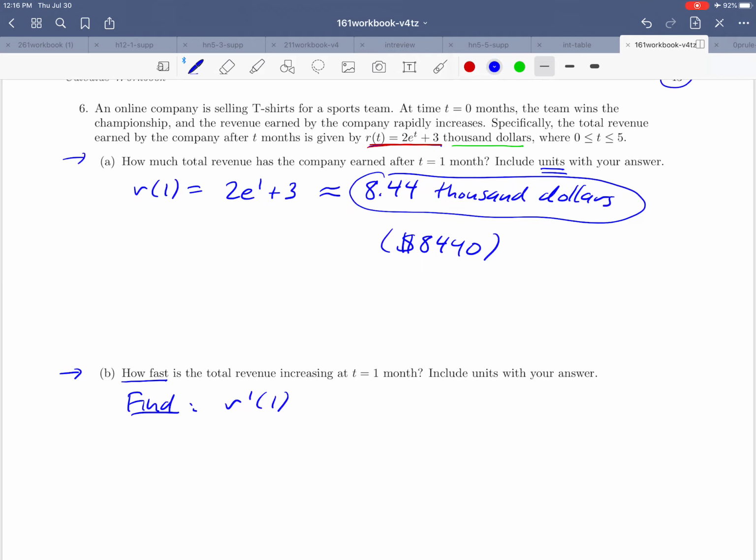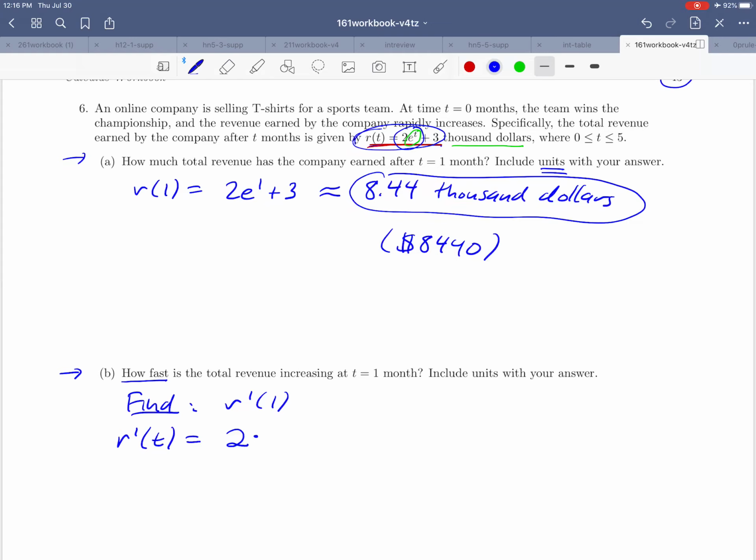To do that, we need a formula for the derivative, so we might start by reminding ourselves what the formula for r of t is and taking its derivative. How would we do that? First term looks like 2e to the t. 2 is a constant, so we'll factor it to the side. And how do you take the derivative of e to the t? You might remember that was the nicest derivative formula in the whole world.